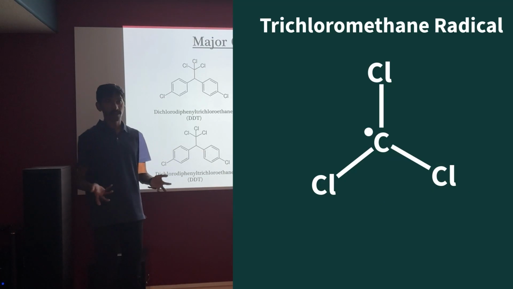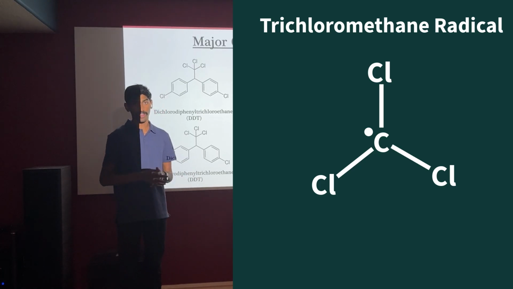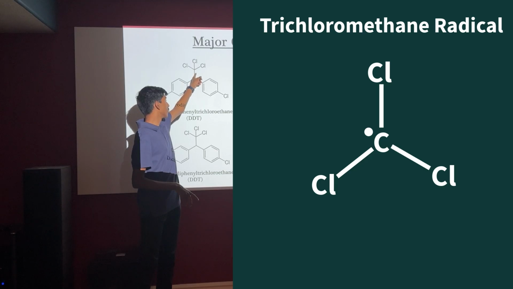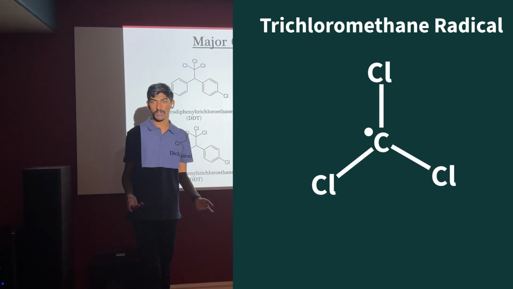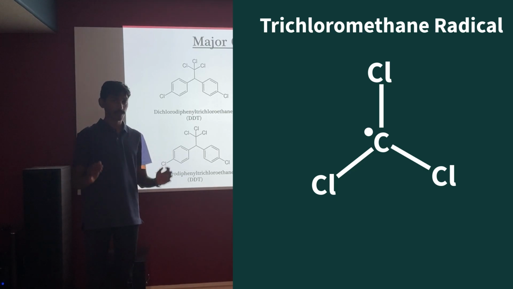It can also form ions, but more importantly, it can form a radical. Radicals are really reactive compounds. Basically, this carbon has an extra electron, and of course it has the 3 chlorines, but it doesn't like having one unpaired electron. So it's going to try its best to form bonds with something else, and as a result, it is really reactive. It likes to attack other molecules.